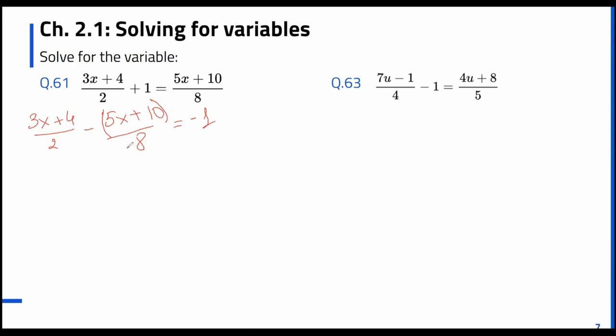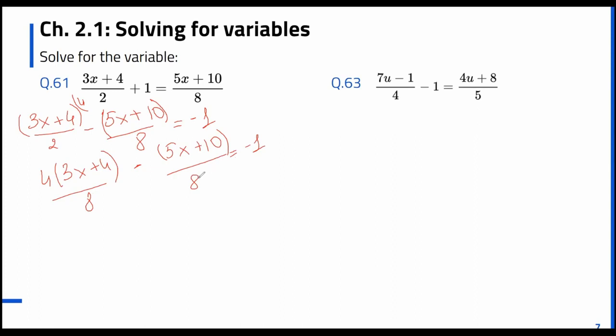Here we'd better make the common denominator by multiplying this fraction by 4. So we'll have (3x plus 4) over 8 now, minus (5x plus 10) divided by 8 equals minus 1.